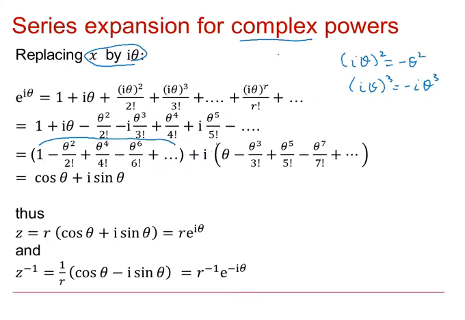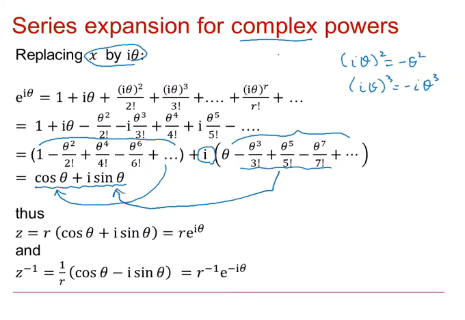If we collect all the odd powers together, they all have a common term of i. So now we can write e to the i theta as cos theta plus i sine theta. This first bracket is the expansion for cos theta, and this second bracket is the expansion for sine theta that we saw on the previous slide.